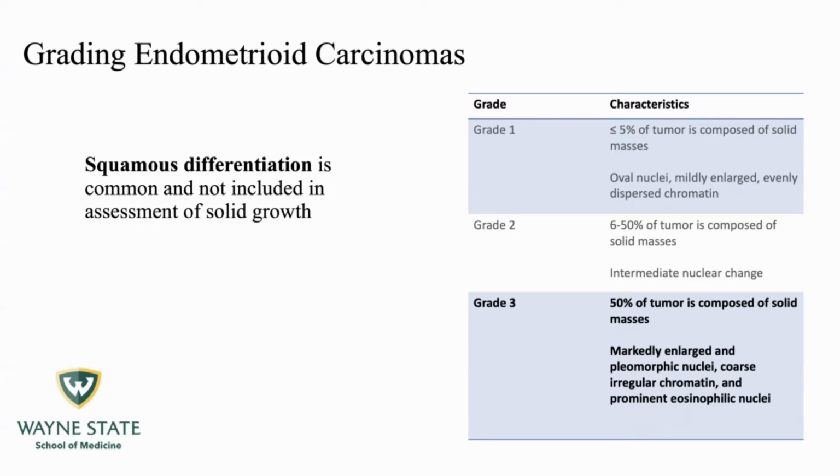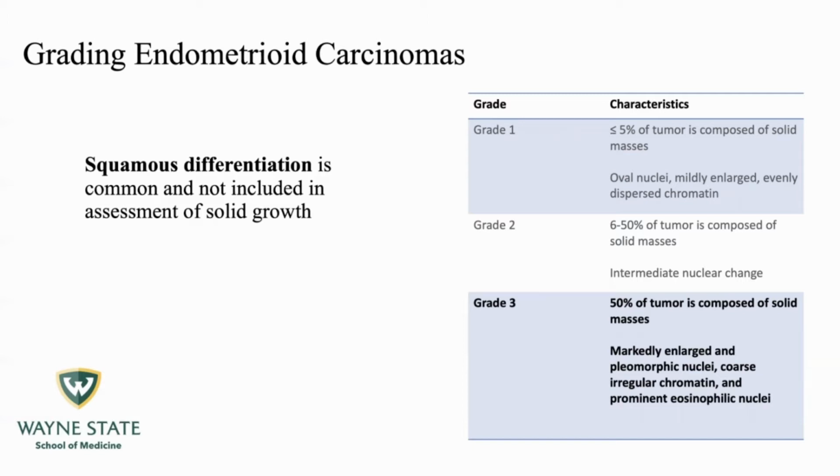Grade 3, and this is what we're emphasizing in today's talk, is more than 50% solid mass of malignant cells. Most of the time, these cells have pleomorphic nuclei, coarse irregular chromatin, and prominent eosinophilic nucleoli.